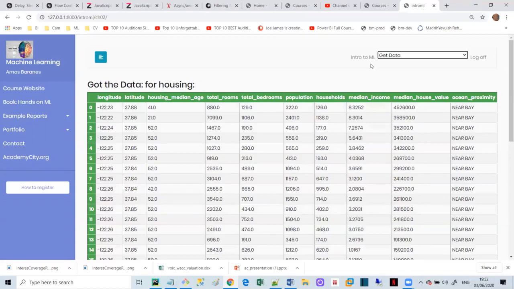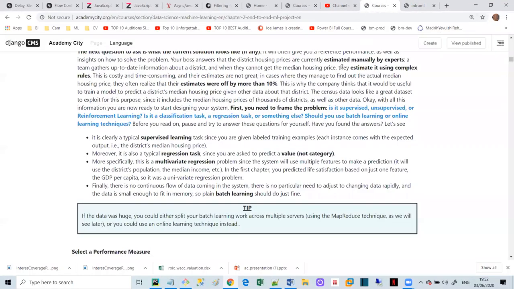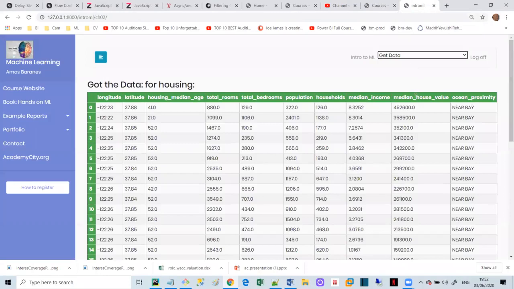Second, is it supervised or unsupervised, or is it semi-supervised, or is it reinforcement learning? We said in the previous chapter that if I'm given the data with the explained variable, it is supervised learning.